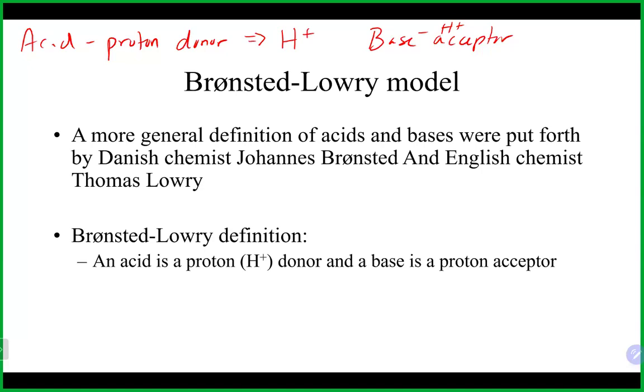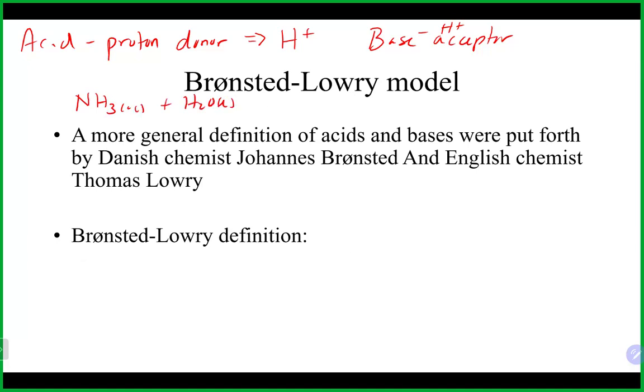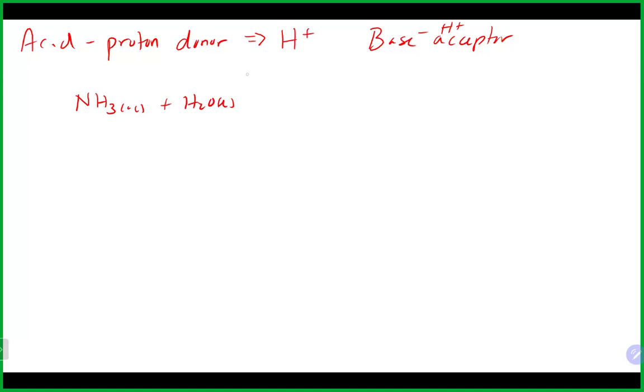So for example, if we take the one we just looked at, NH3 plus some water, that makes NH4 plus and OH minus.